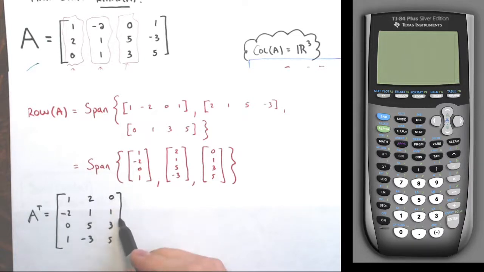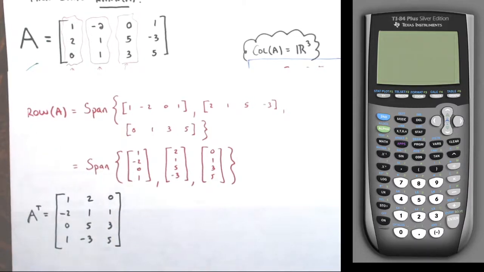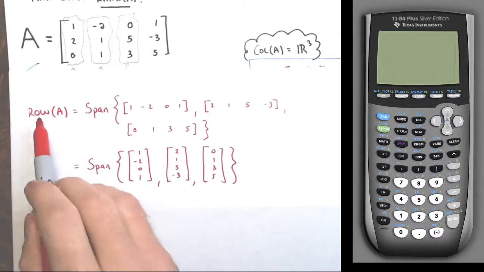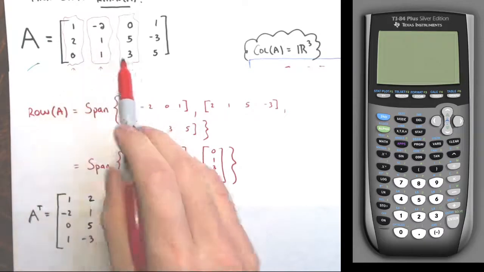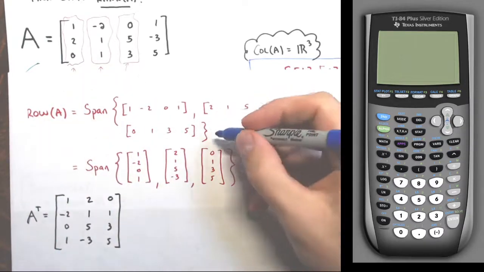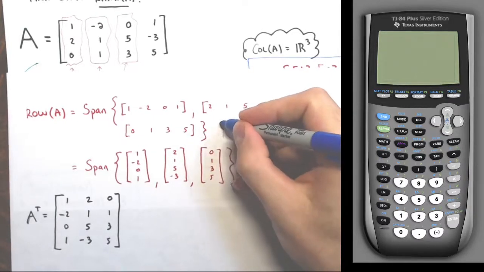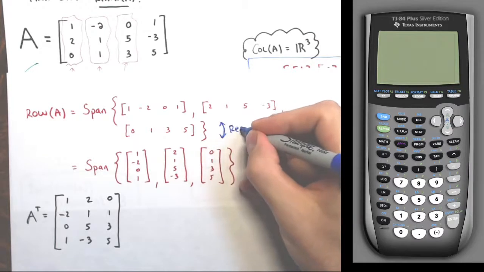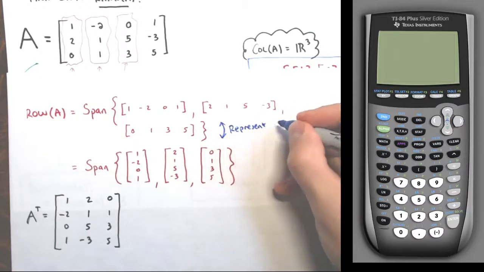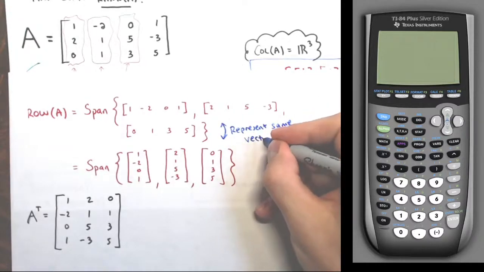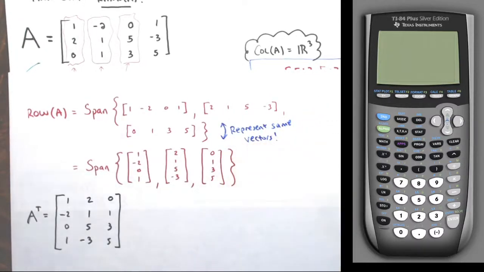So maybe you can see now too, and I brought this up in my last video about rank, the row space of A, because these represent the same vectors whether I write them as columns or not, the same vectors with the same components. It's just one's written as rows, one's written as columns.